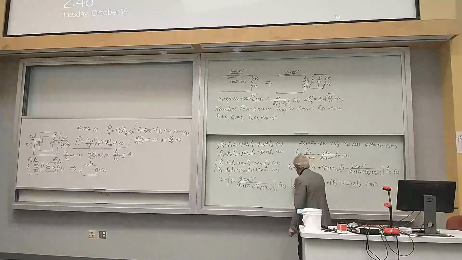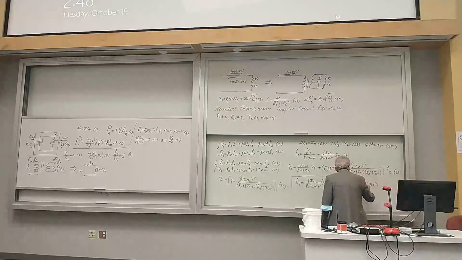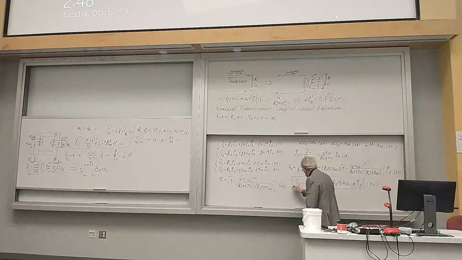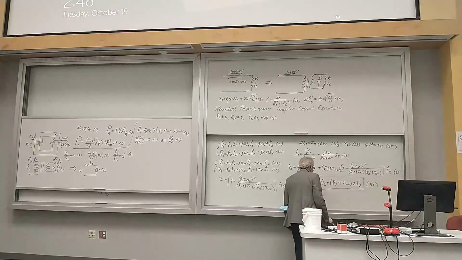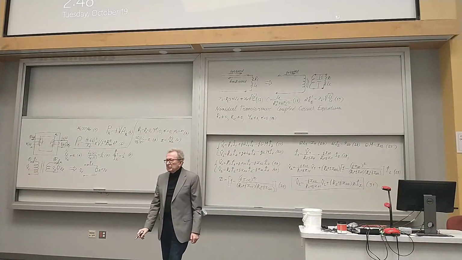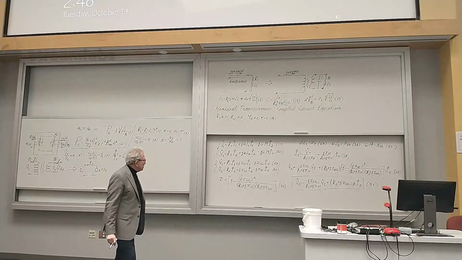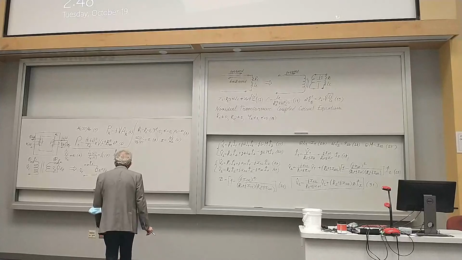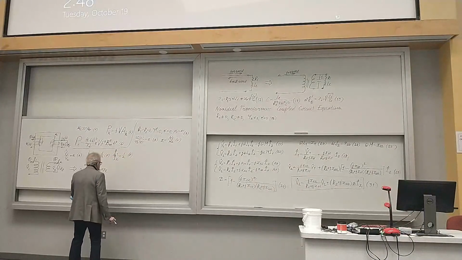So I found how the secondary voltage across the load depends on the current, which is due to the load, and the primary voltage, which is applied due to the electromagnetic current. And now I will start the analysis of these terms.